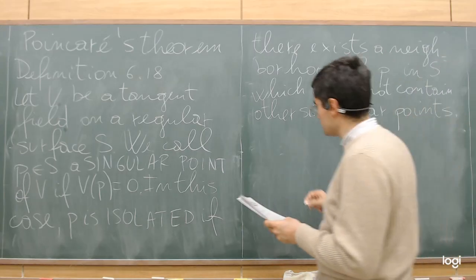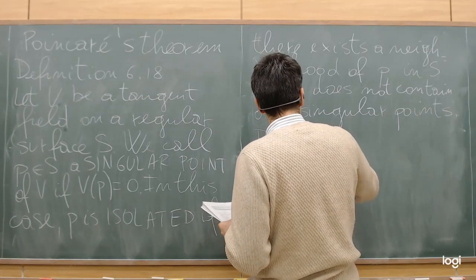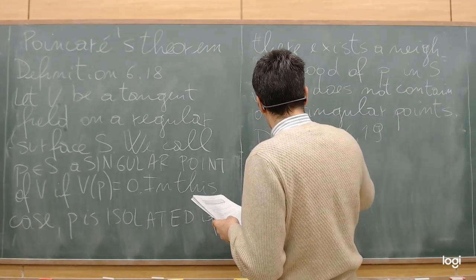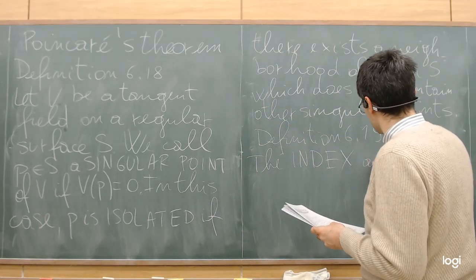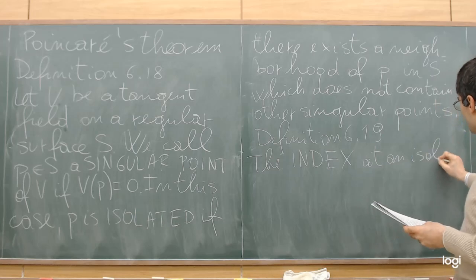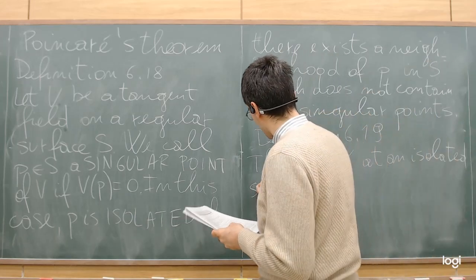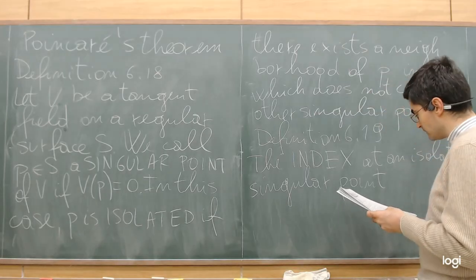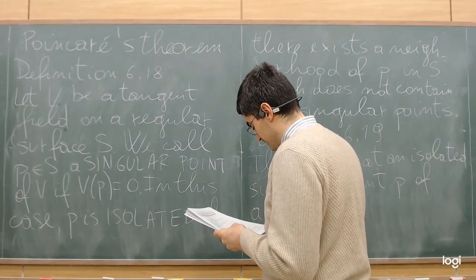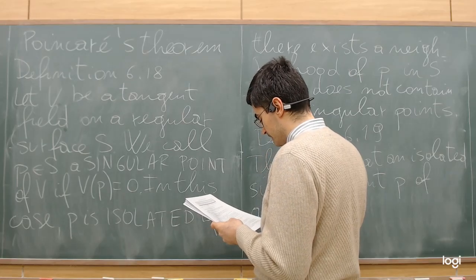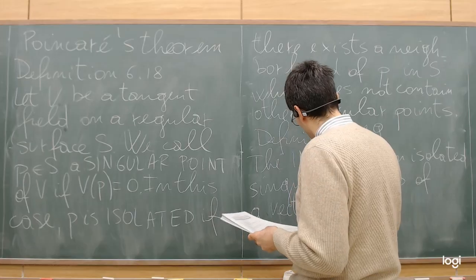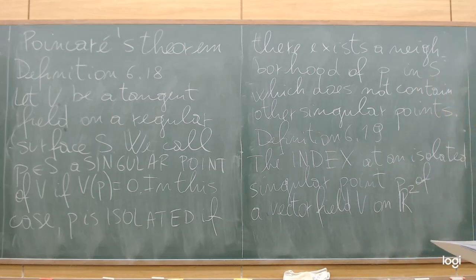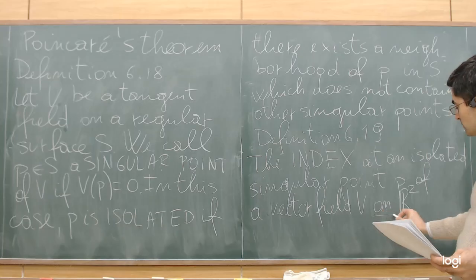I need also the definition 6.19, which introduces the notion of index at an isolated singular point P of a vector field V. Observe that this definition is about vector fields in R2, not on a surface.